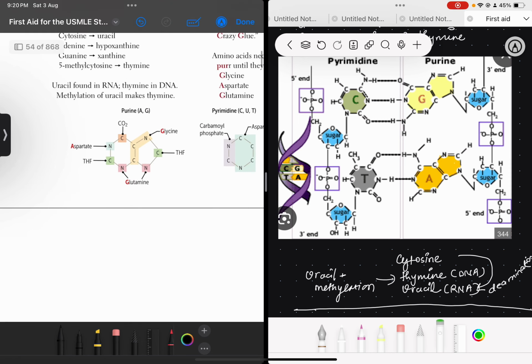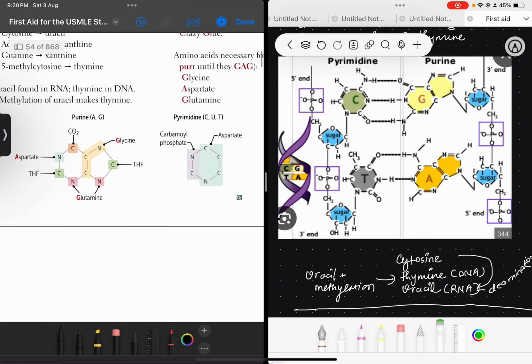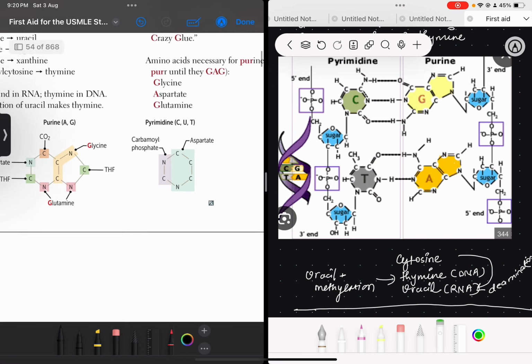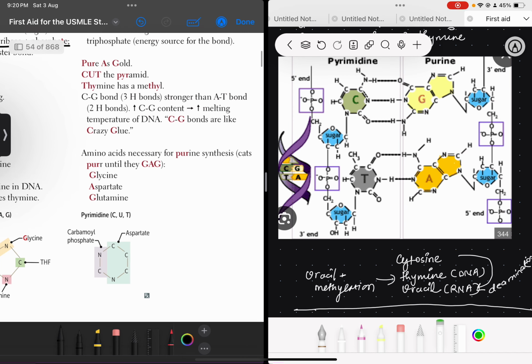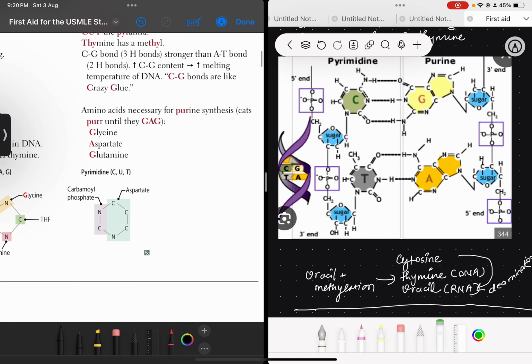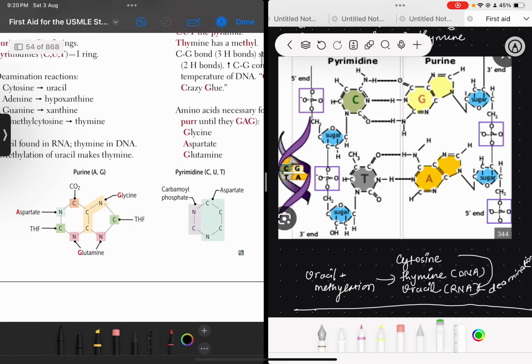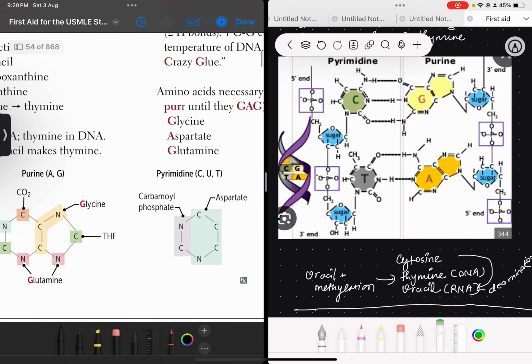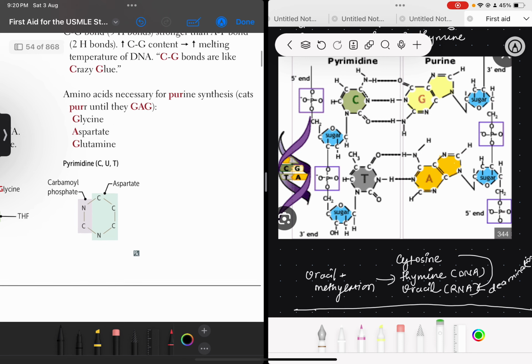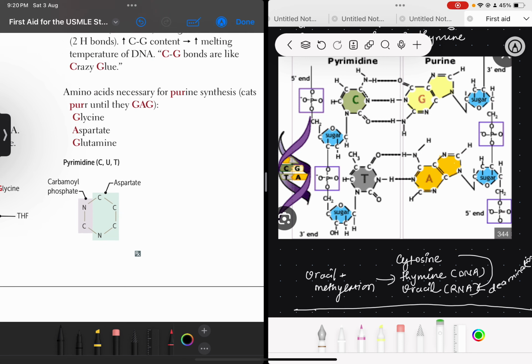First let's see the structure, so purine synthesis. What are the 3 amino acids required for purine synthesis? It is glycine, aspartate and glutamine. It is aspartate and glutamine, because we know there is asparagine also and glutamate also.